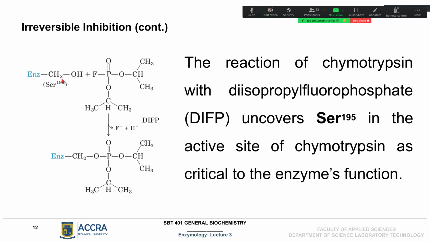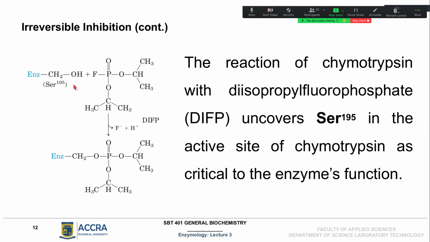So the serine is represented by the side chain CH2OH, and the rest of the enzyme, the alpha carbon with the carboxylic acid group and the amine group, is referred to as ENZ, which is bound to CH2OH, the side chain of the serine in that active center of chymotrypsin.